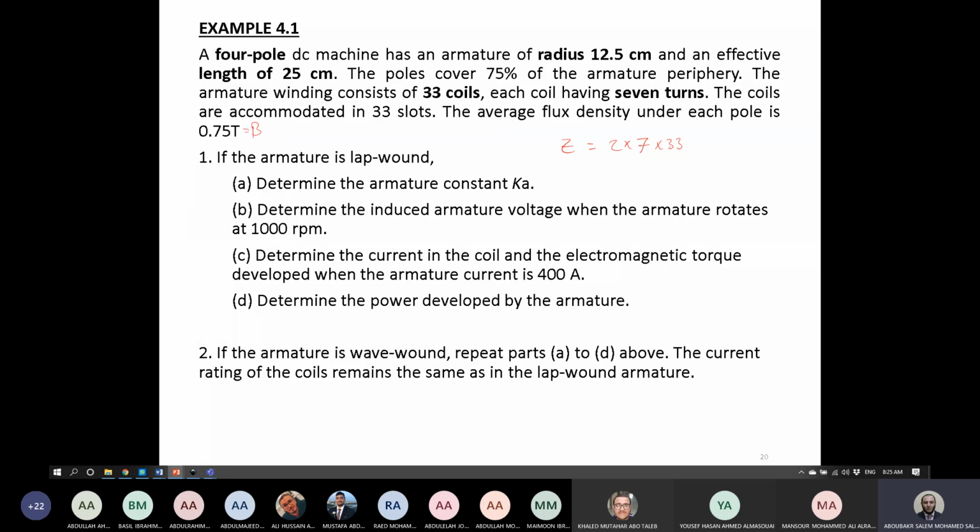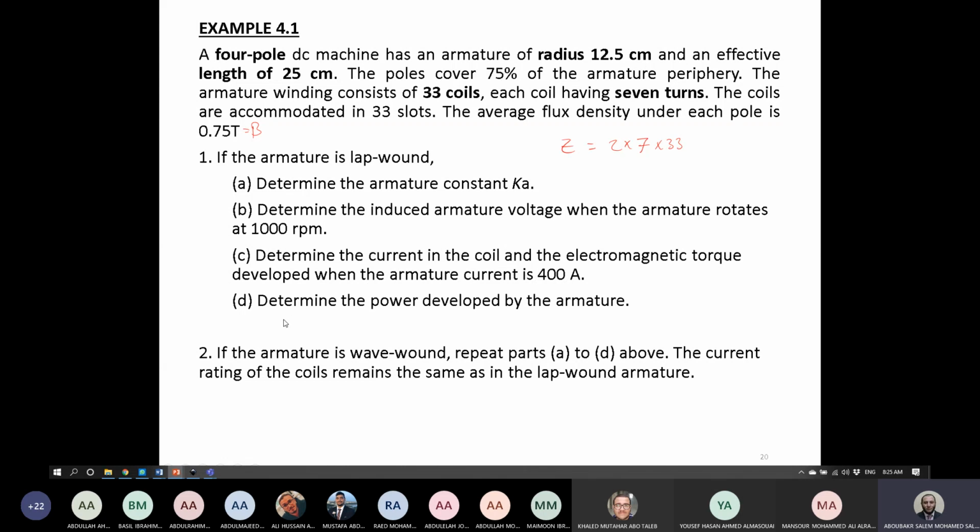What's required here? If the armature is lap winding, find the armature constant, Ka, determine the induced armature voltage when the armature rotates at 1000 RPM, then determine the current in the coil and the electromagnetic torque, which is the developed torque, developed when the armature current is 400 ampere.